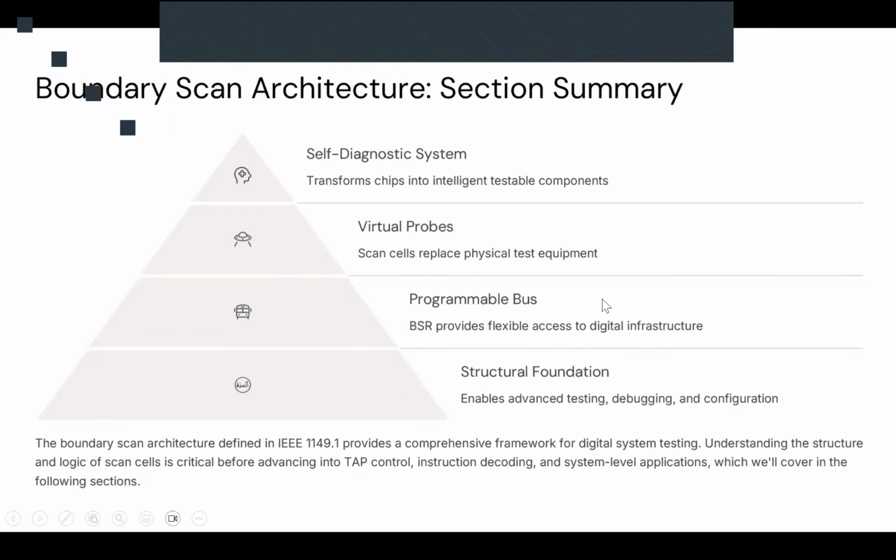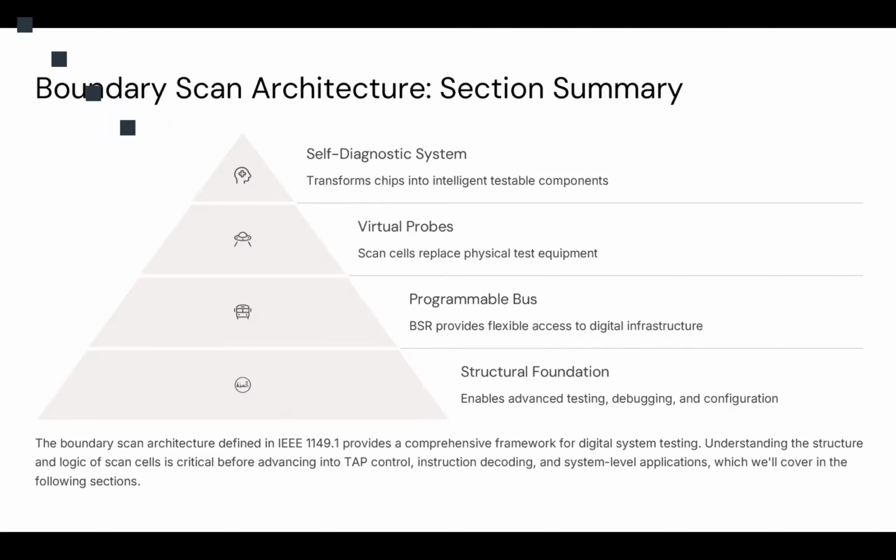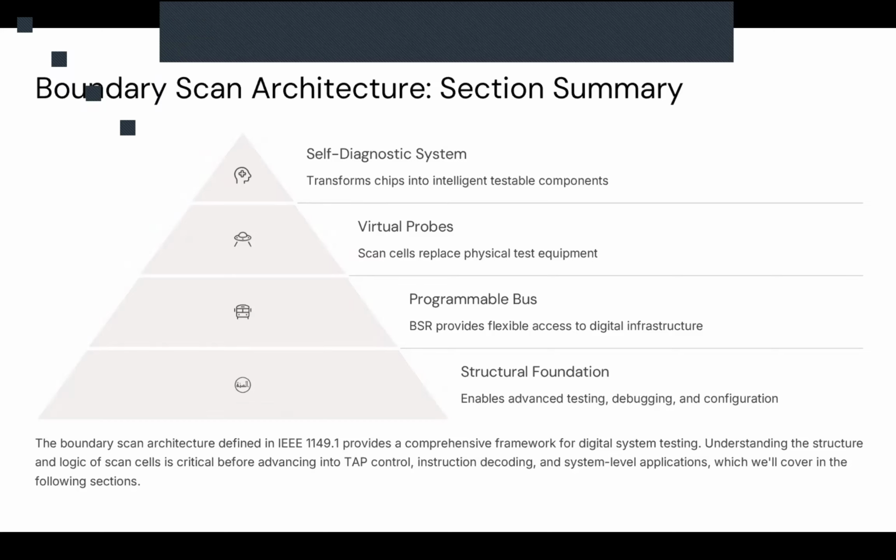Now, let's go through what we already discussed so far. We said that the boundary scan architecture gives us a self-diagnosis system. It transforms chips into intelligent, testable components. With this boundary scan configuration, we can internally control using the TAP state machine.